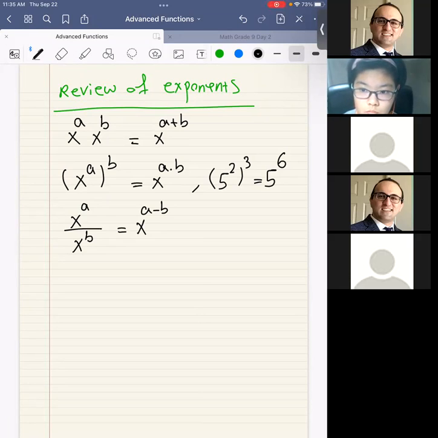Then something important you can see even here: whenever you have a negative exponent, like x to the power negative n, that would be 1 over x to the power n.